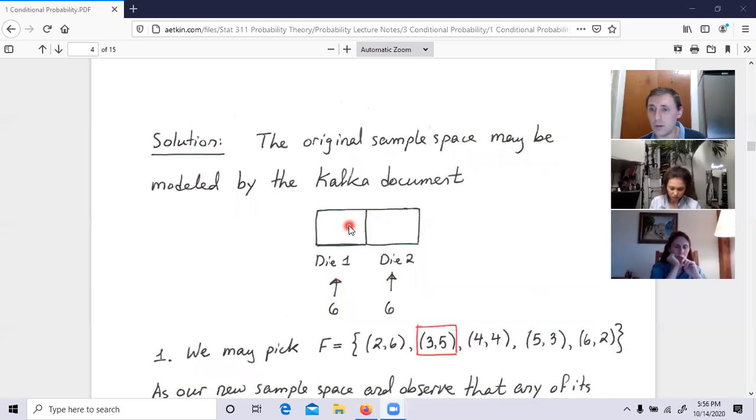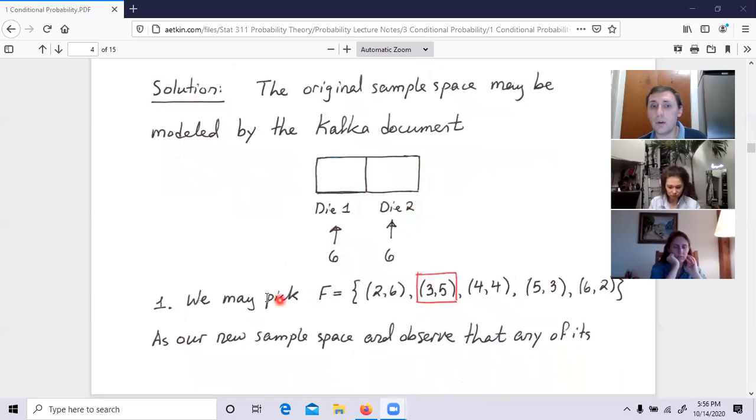That will capture all the possible universes. There are 36 universes in total, but we may pick the sample space F that contains the outcomes 2, 6, 3, 5, and onwards, because those outcomes are what happened. We have a sum equal to 8. So it's one of those 5 outcomes, right?